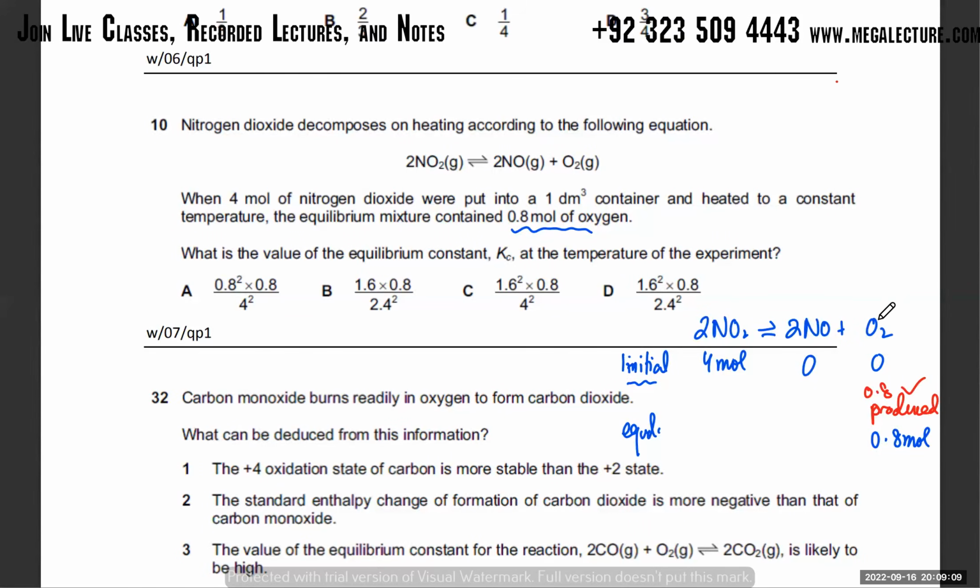If one is produced, it's 1:2, so 2NO will also be produced. So 1.6 moles of NO must be produced as well. And if 0.8 is getting produced, that means 1.6 of the 2NO2 must have reacted. Is this clear?